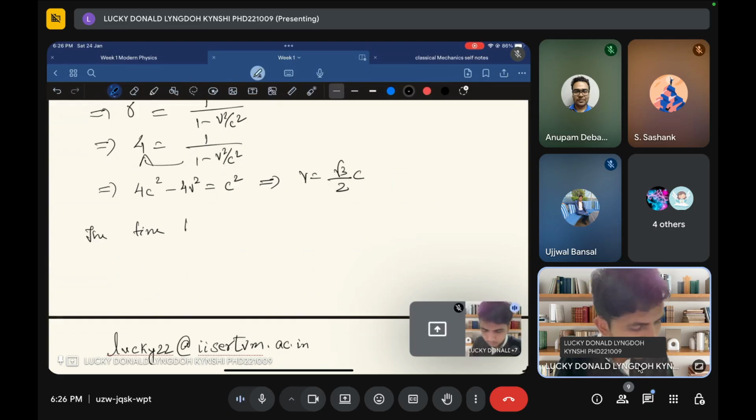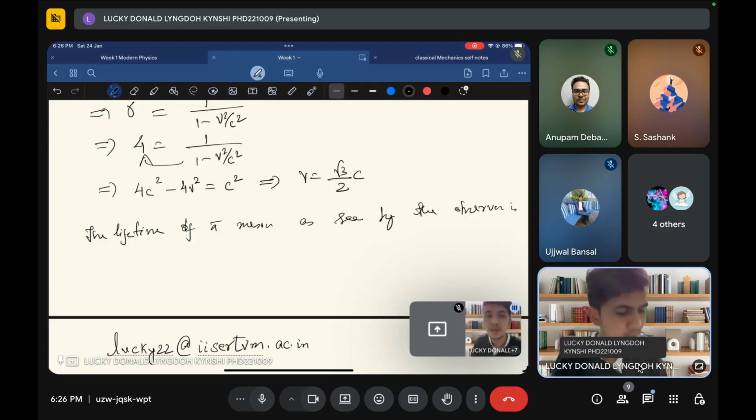The lifetime of the pi meson as seen by the observer is given by time dilation: t is equal to t naught divided by root over of 1 minus v square by c square, which is gamma t naught.